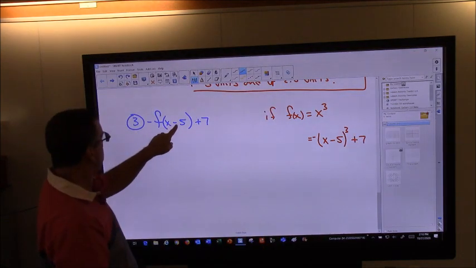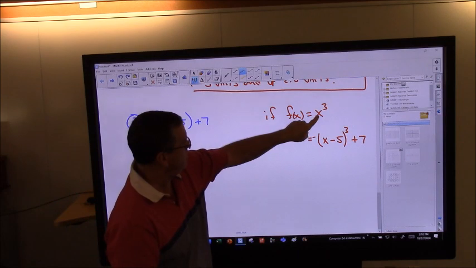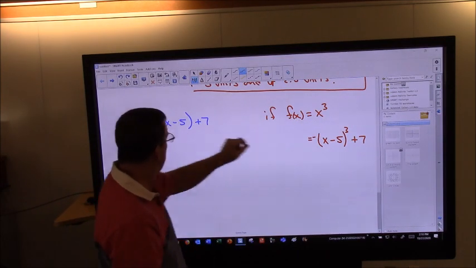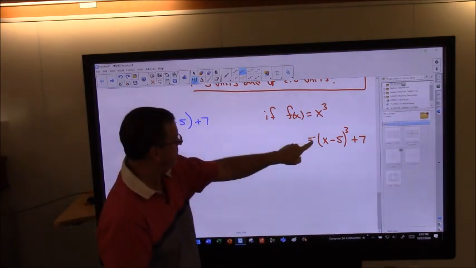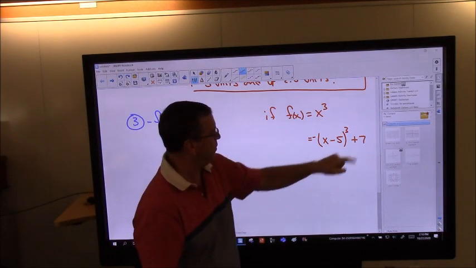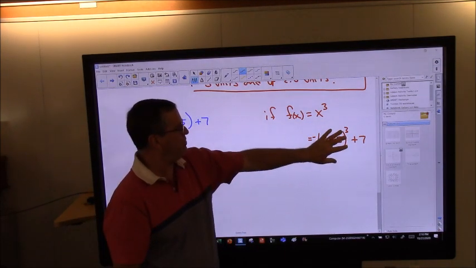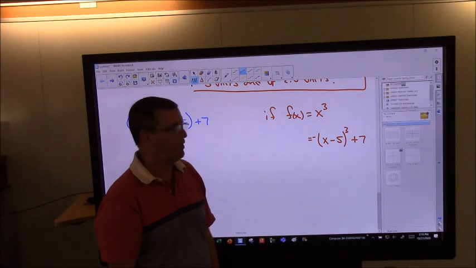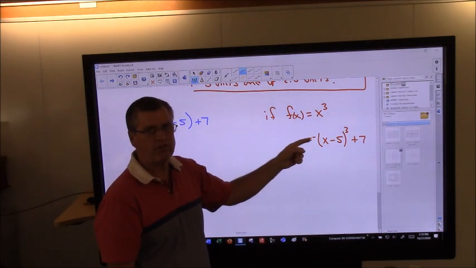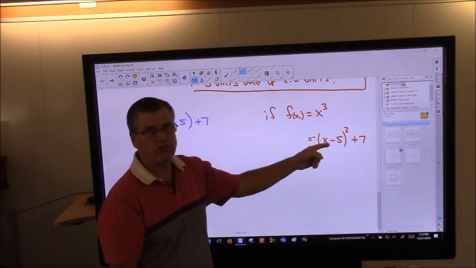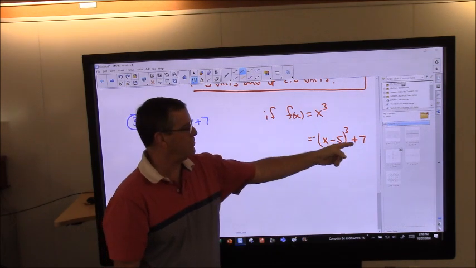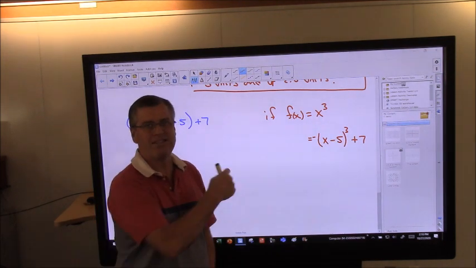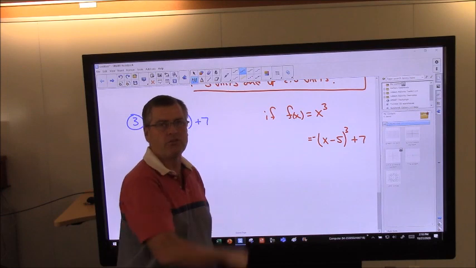I put an x minus 5 in place of the x, so I got that cubed. Took the opposite of it, and then added 7 to the whole thing. So now how is this different than this parent function? Well, I still flipped it across the x-axis. I still shifted it 5 units to the right, and I still shifted it 7 units up. The exact same thing I just said when that was a square root function.